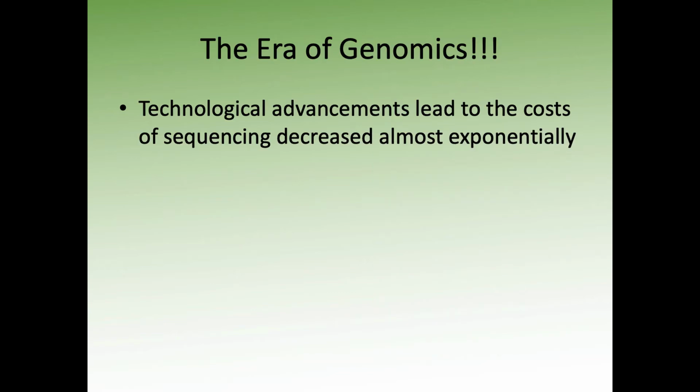So we're in the era of genomics, right? All you have to do is look at the thousands and tens of thousands of COVID genomes that are sequenced almost every single day in the world right now. Technological advancement has led to a massive decrease in the cost of sequencing.